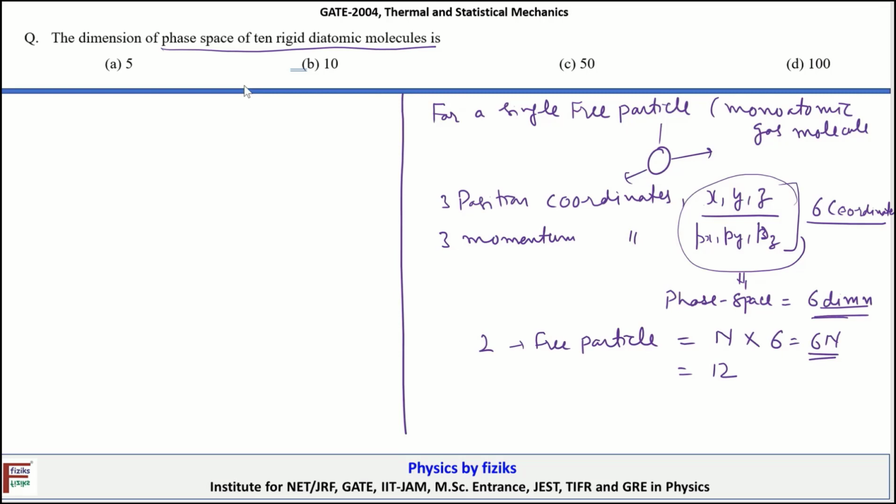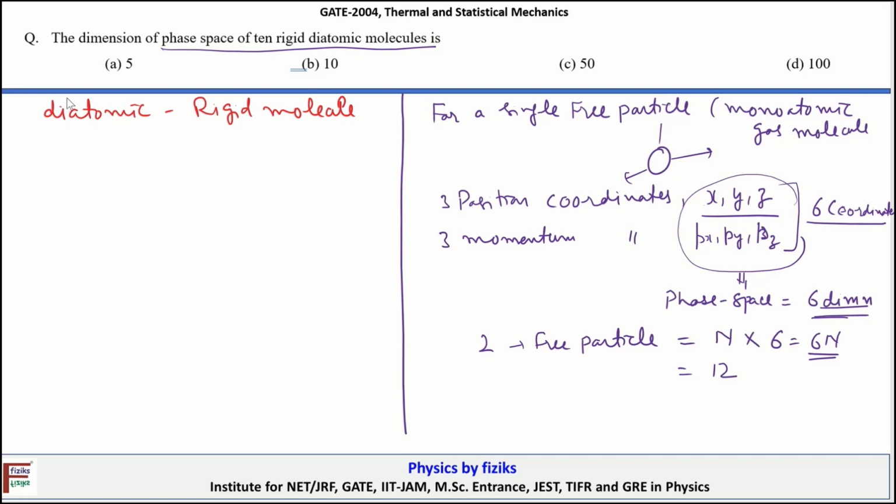Now let's try to extend this discussion to a diatomic, but rigid, molecule, a rigid diatomic molecule you can say.